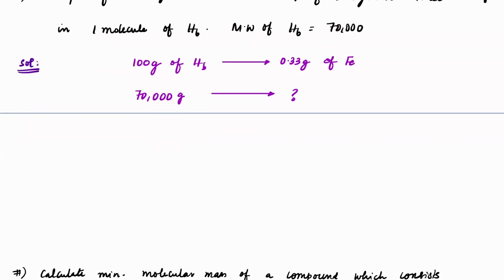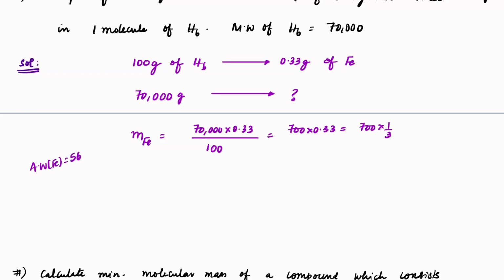So the mass of iron present in it would be 70,000 into 0.33 upon 100. Correct? So that is 700 into 0.33, which is nothing but approximately 700 into 1 by 3. Now, notice the atomic weight of iron is 56.